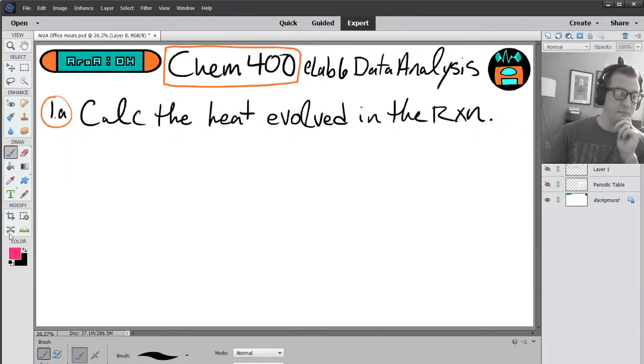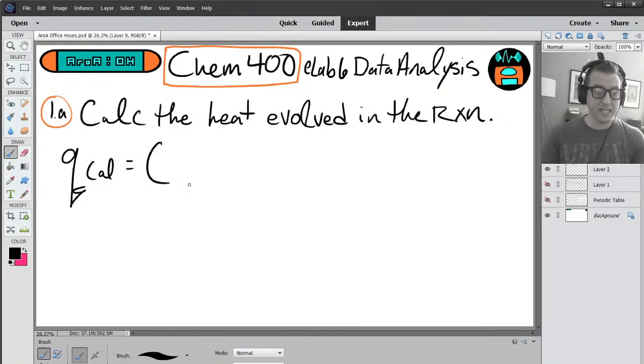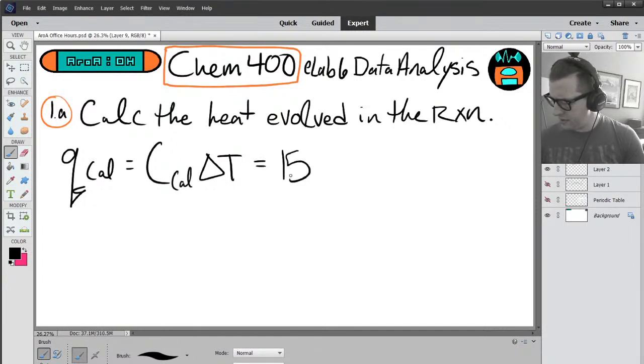At this moment, we can calculate the amount of heat absorbed by the calorimeter, because it's just equal to the heat capacity of the calorimeter times the delta T. We just calculated delta T, and we've been given the value for our heat capacity, which was, I believe, 15 joules per degree C. Let me just double check.